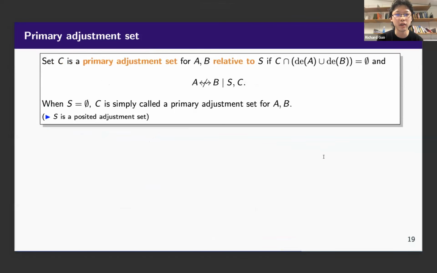So what is the set introduced to control a confounding arc? That is called a primary adjustment set, as you have already seen in the demo. So basically, the primary adjustment set between A and B is the set that renders the confounding arc between A and B disconnected.